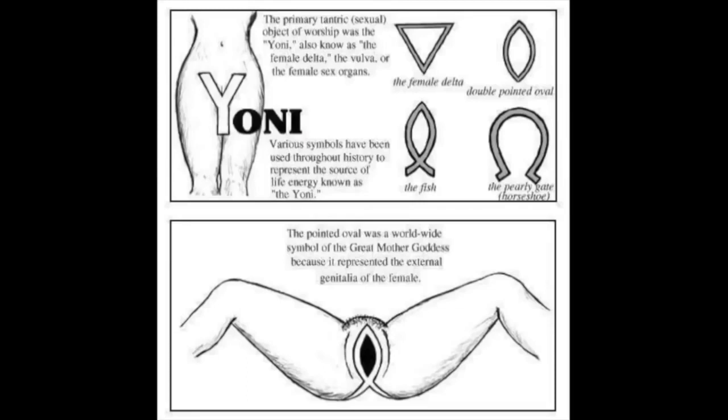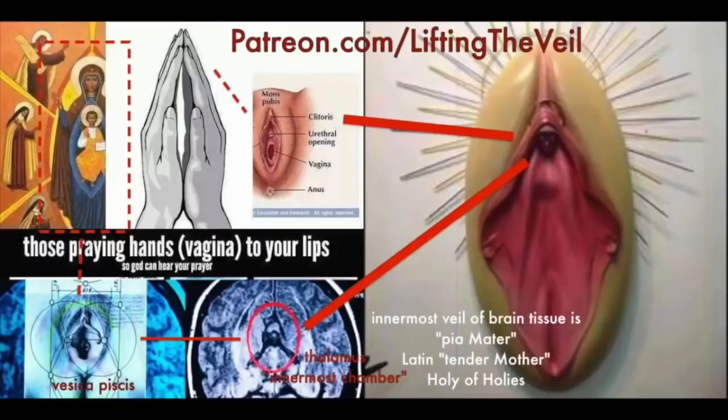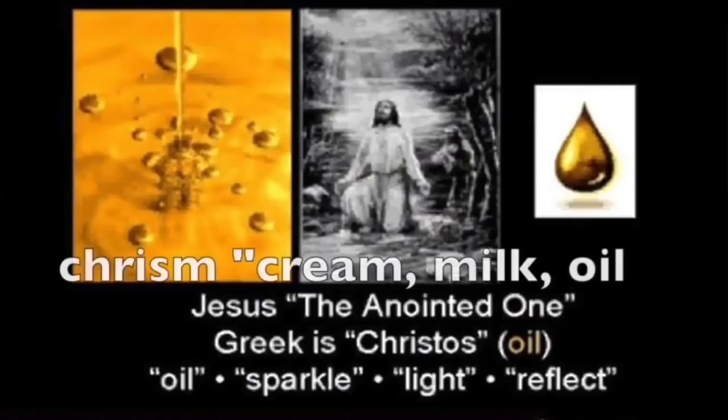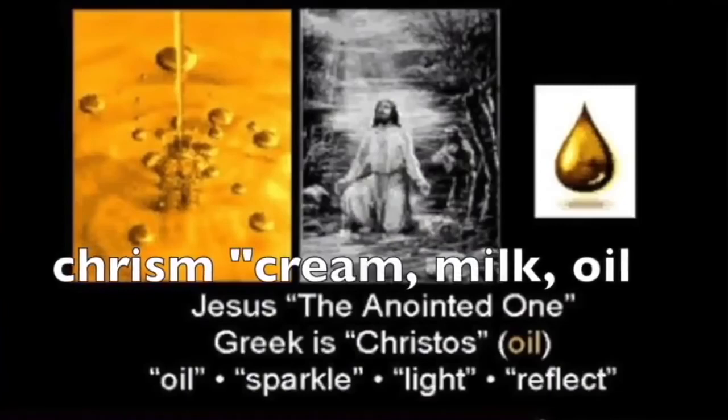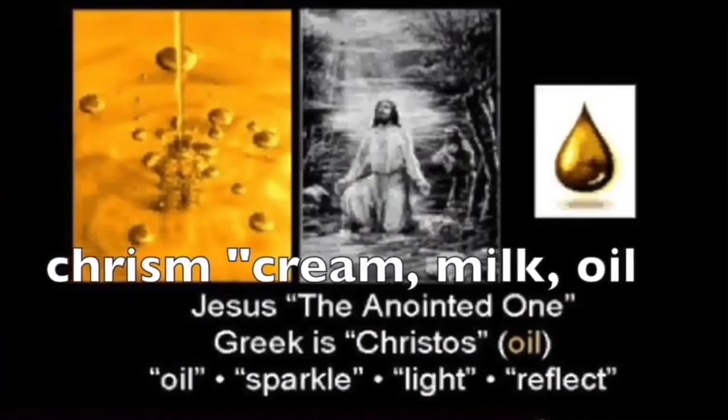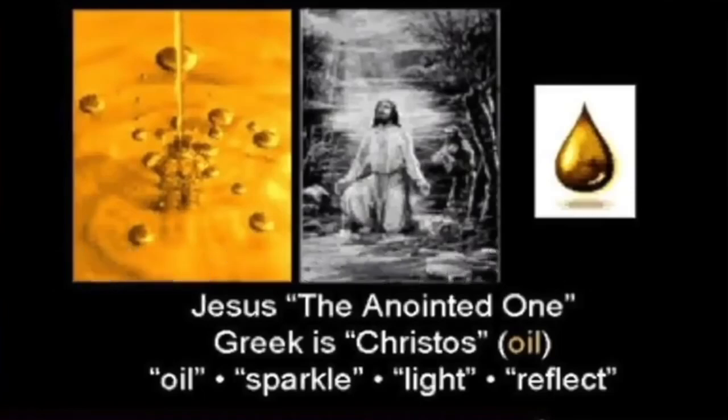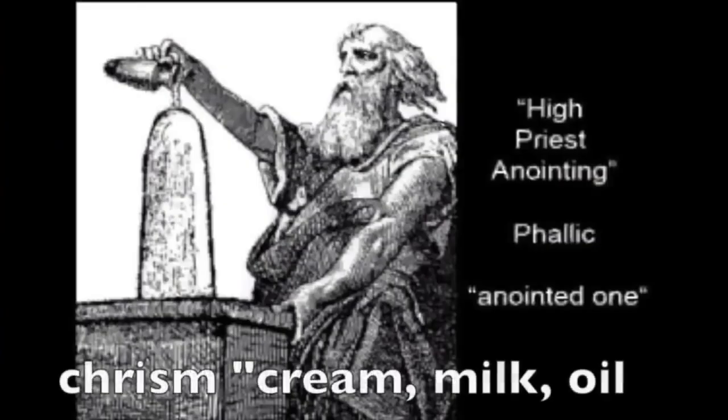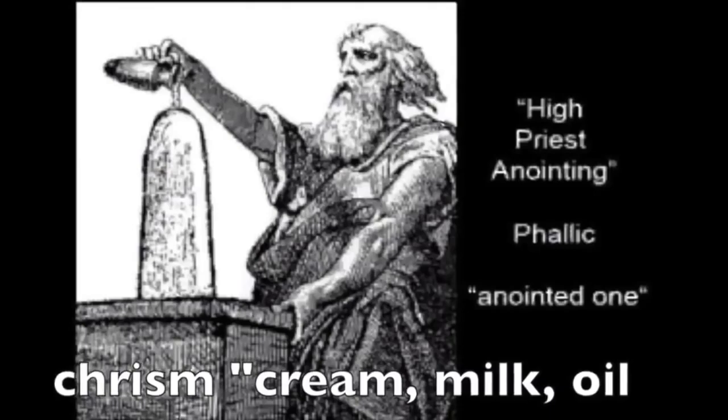So the chrism, the Christ, sits within the vesica piscis, the tender mother, in the arms of the pia mater. And within the brain, the word Christ comes from Latin and Greek chrism, Christos, or oil. And all of these are the holy anointing oils. They are the sacred secretion.